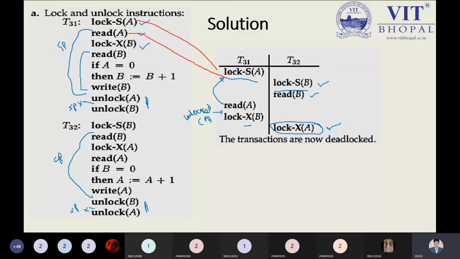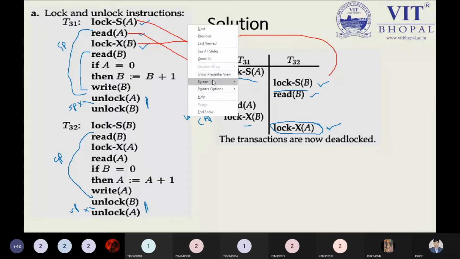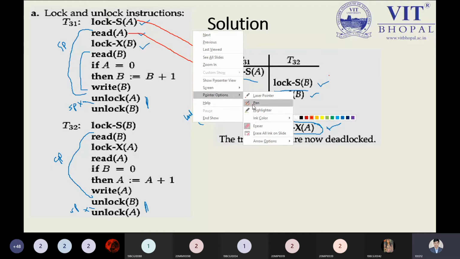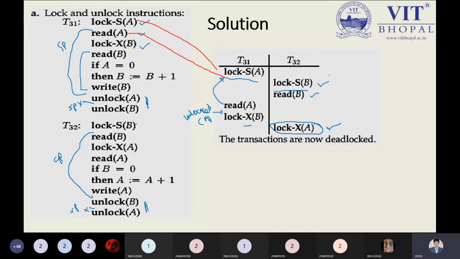Lock X B is coming over here, from transaction T32. We have used this point, and read B is coming from this point. So for T32 and T31, we have mentioned it over here.